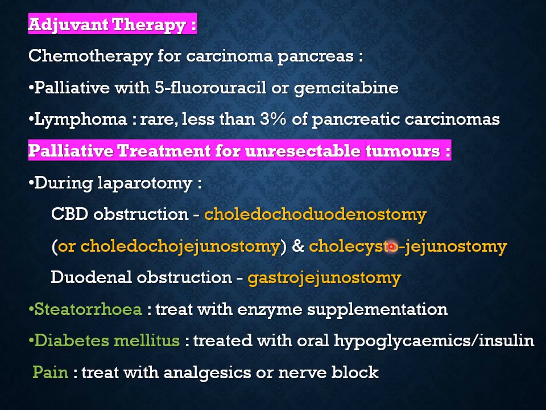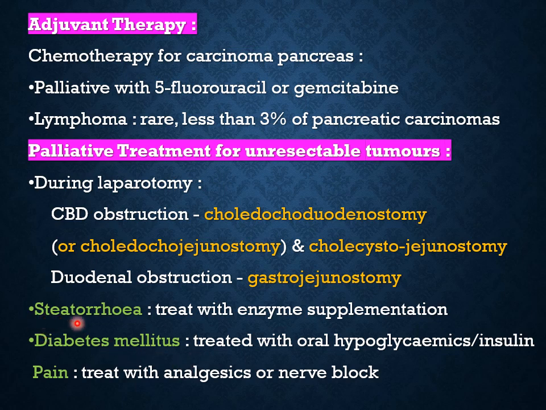Okay, bypass the bile duct to the jejunum. If there is obstruction of the duodenum due to infiltration of the tumor, then we do another bypass called a gastrojejunostomy, where you bypass the jejunum to the stomach. Therefore, the duodenal obstruction is bypassed.